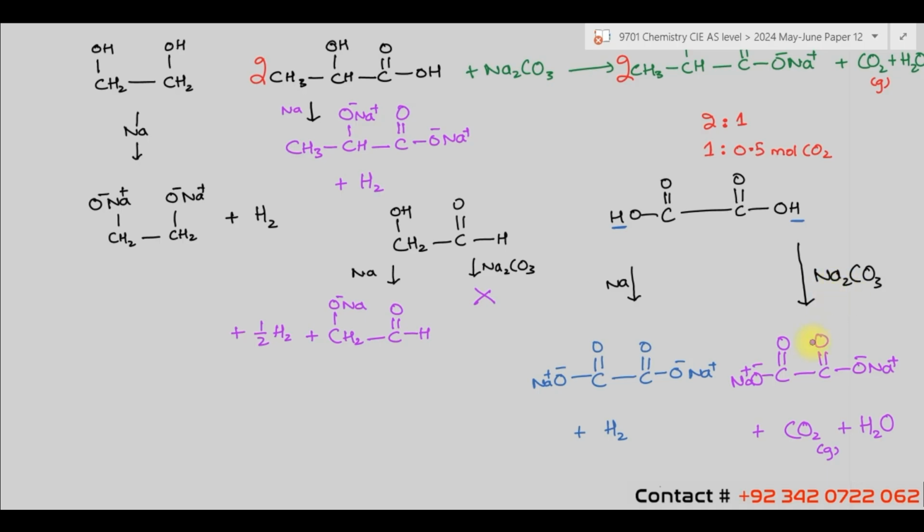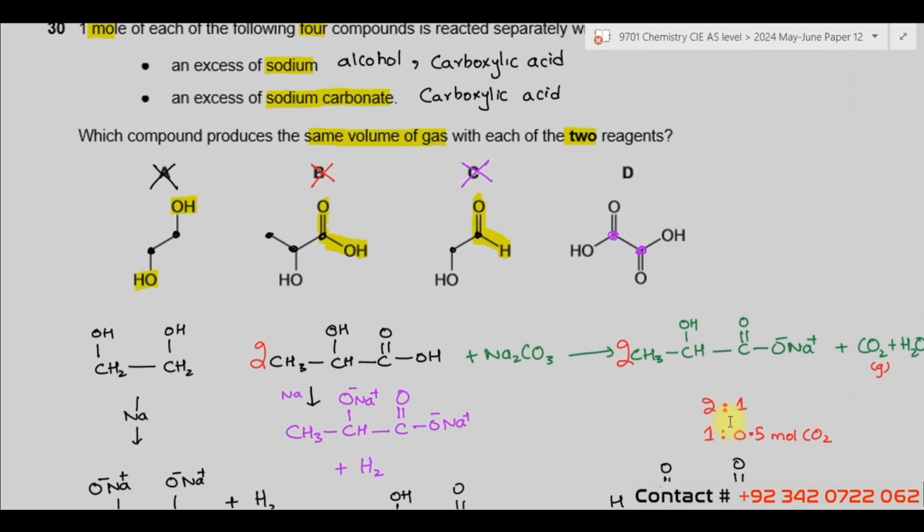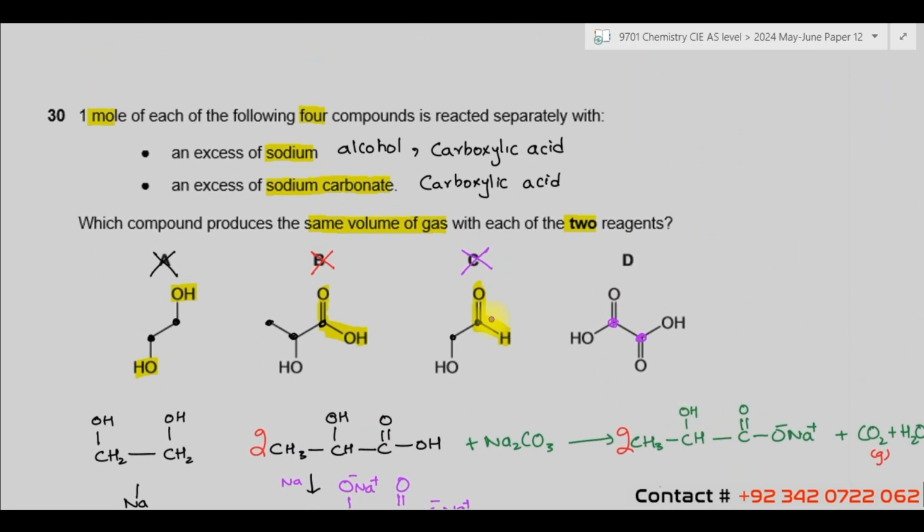We have two sodium carbonate, both sodium are now attached, carbons are balanced, and hydrogen is also balanced. So we can say that 1 mole of this carboxylic acid forms 1 mole of CO2. In this case, 1 mole of carboxylic acid forms 1 mole of H2. So both are 1 mole. So volume is same. Correct answer is therefore D.